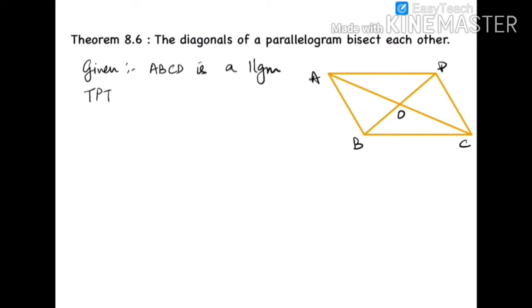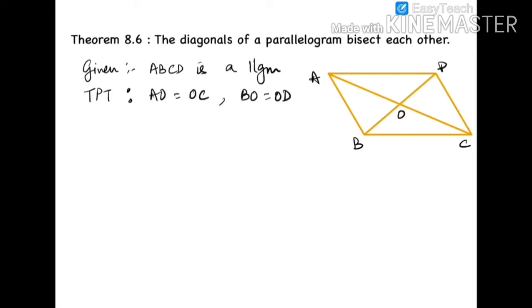What do we have to prove? The diagonals bisect each other. That means we have to show that AO is equal to OC and BO is equal to OD.